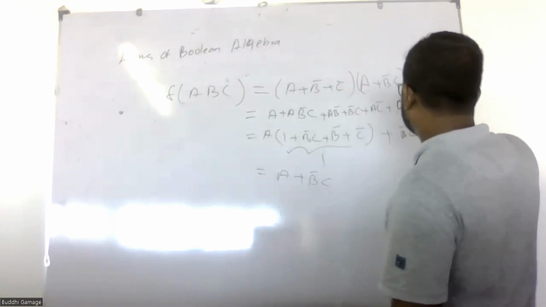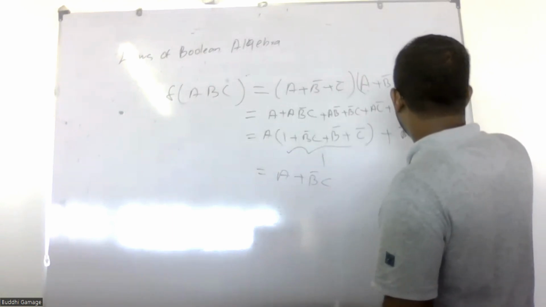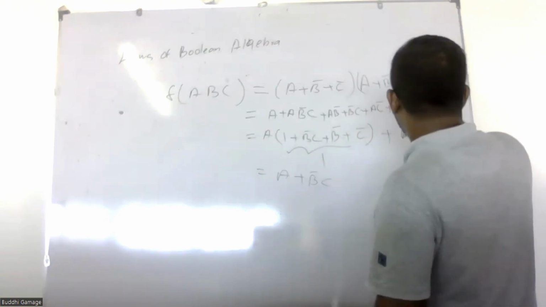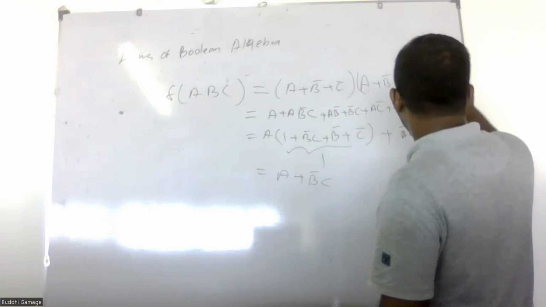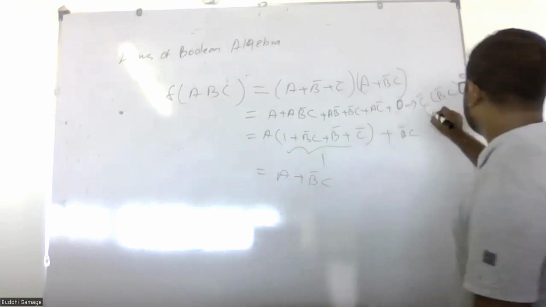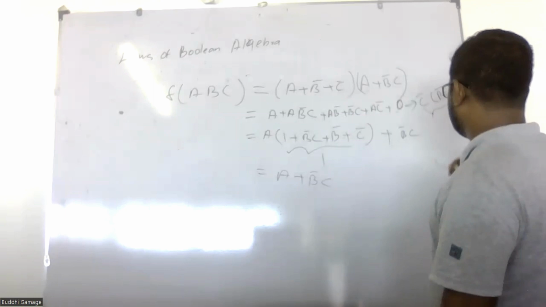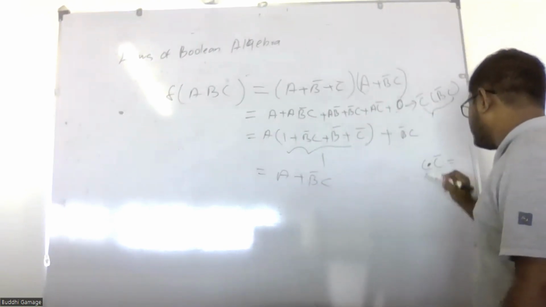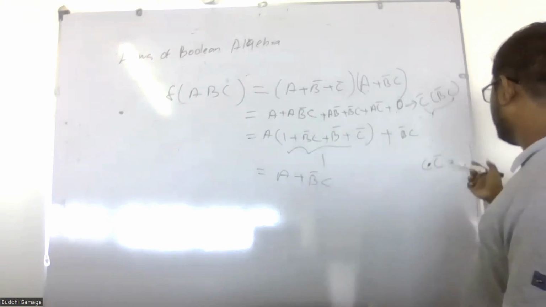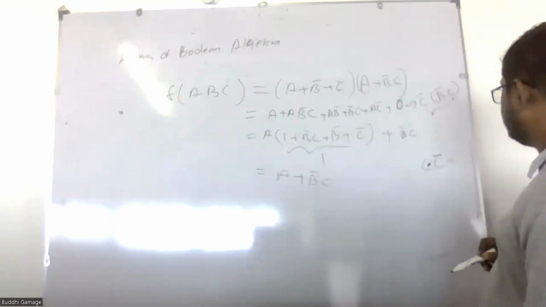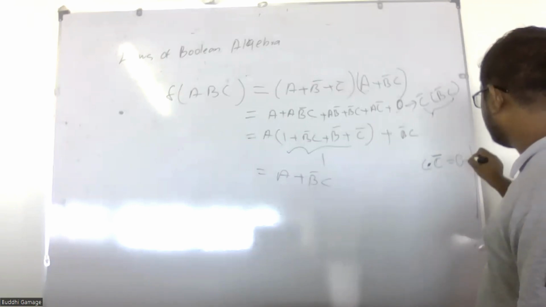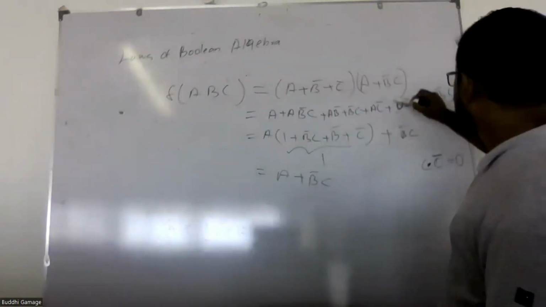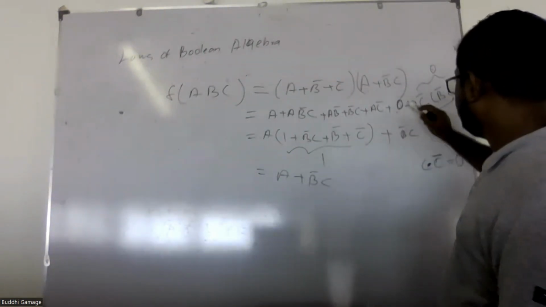It happened with this one: the C bar multiplied by B bar C. So here we can see this C bar. If the same variable is multiplied by its complement, it's going to be 0, right? So this whole part will be 0.